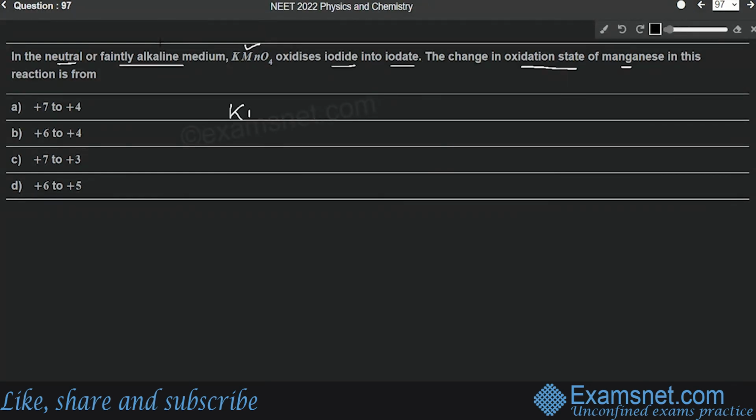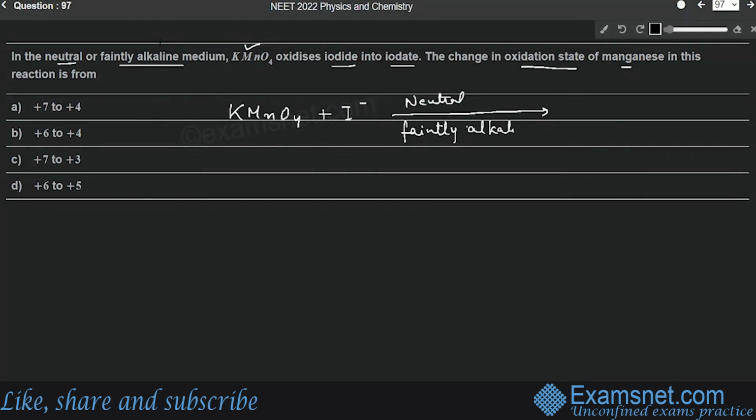It will be potassium permanganate, that means KMnO4, plus iodide, that means I minus. The medium is neutral or faintly alkaline, and faintly alkaline means weakly alkaline.